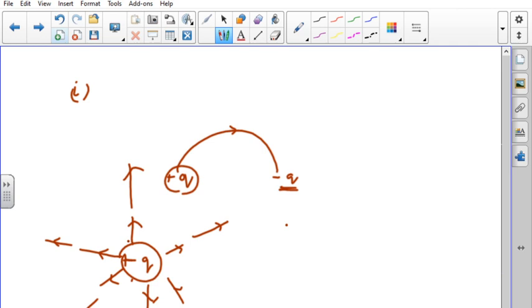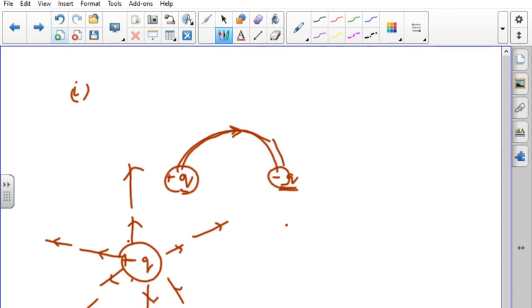So we have learnt as a first property that if a positive charge and a negative charge are placed closer, electric field lines always start from the positive charge and end at the negative charge.